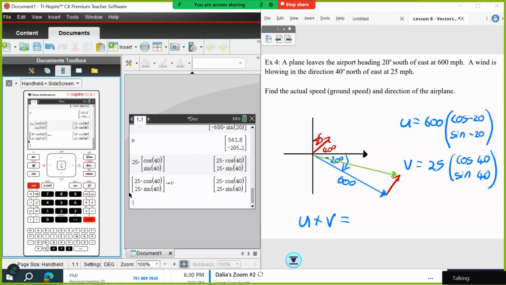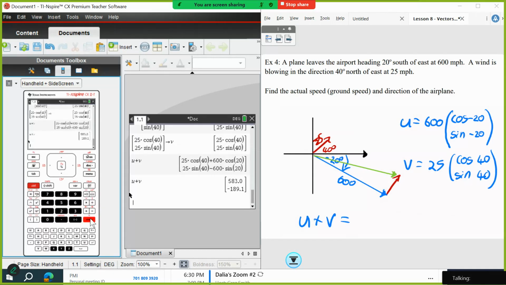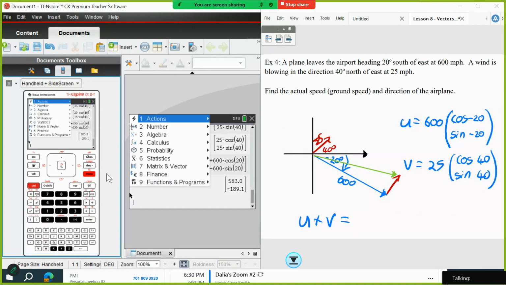So our answer should be u plus v. There. Lovely. Approximately this is our answer. Now these are component forms. So from these x and y values, we need to get the magnitude and the angle. There's a routine for that here on the calculator.